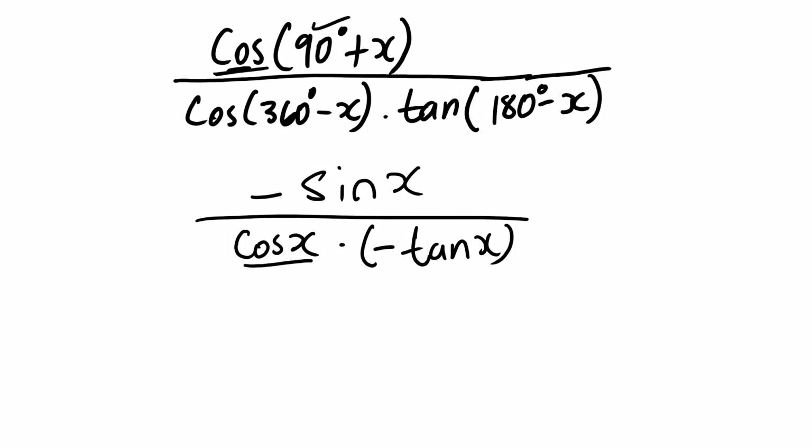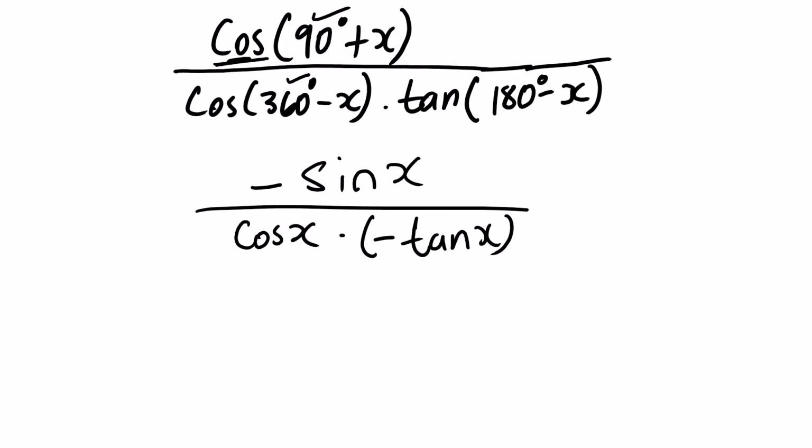The reason why this cos didn't change is because we have 360. Whenever we have 360 and 180, cos doesn't change and also sine doesn't change. You don't have to change any trig ratio. Now from here we need to simplify. Negative sine x, let me do this.